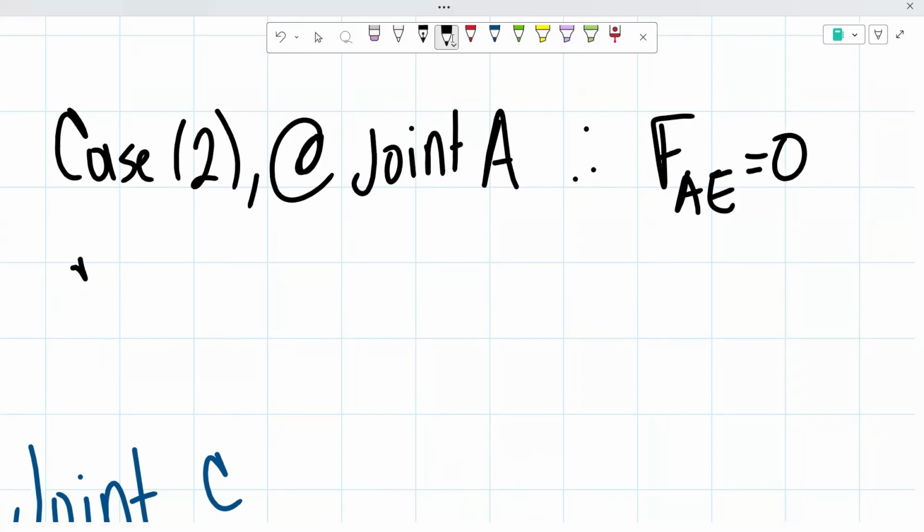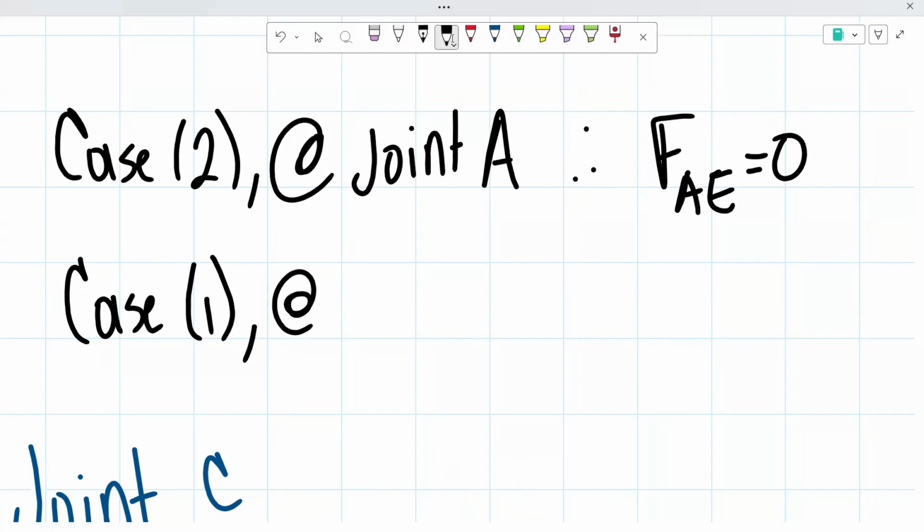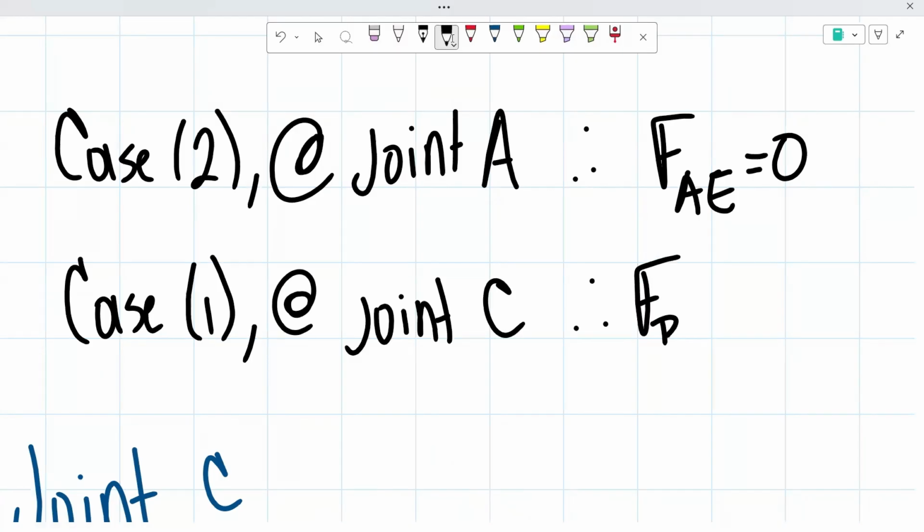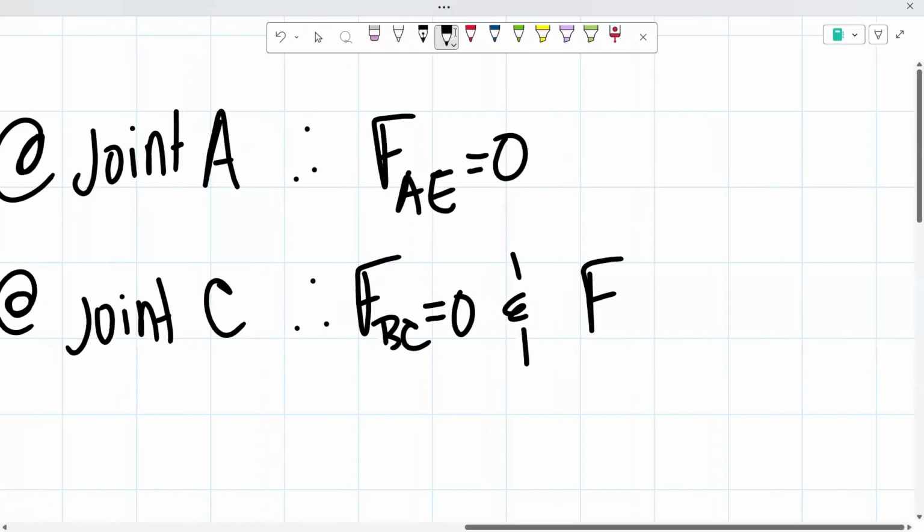From there, we had case 1, which is the one with 2 members that can't be in that 180 degree, and there's no more than those 2 members. So case 1, we saw that at joint C, therefore making the force of the member BC equal to 0, and the force of the member CD equals 0.